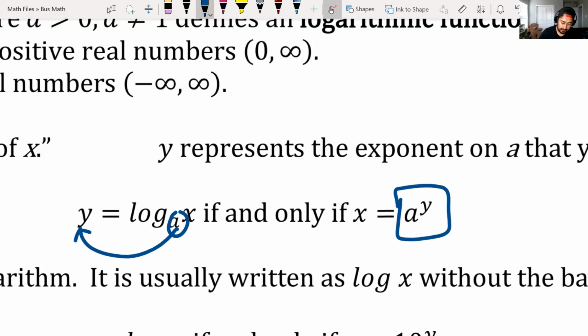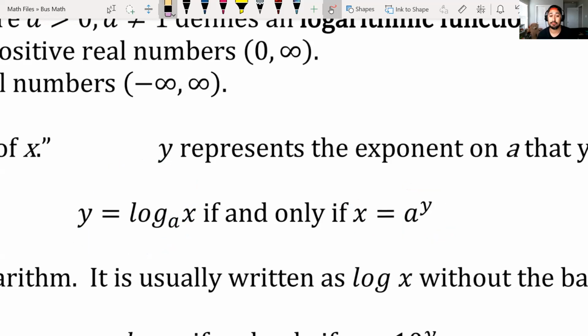Then you set that equal to the inside number of the log, which here is x. So you get a to the y equals x. That's it. I think there's a snail diagram that some people use, but I always forget how to draw that snail. But that's how you go from log to exponential.